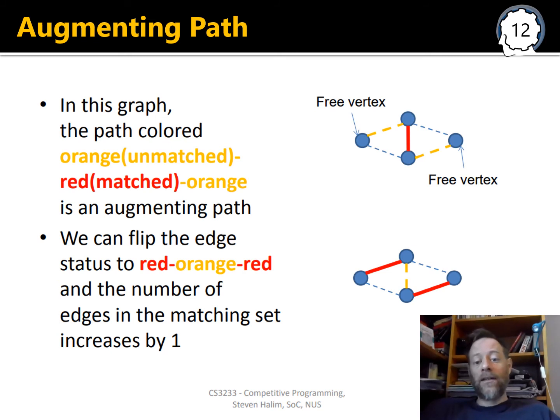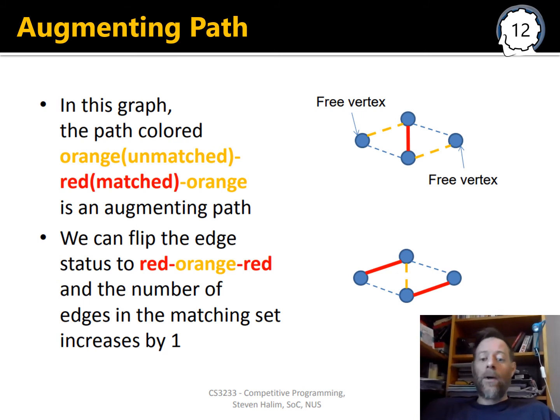Now we can start in the leftmost vertex because that's unmatched. We can go to a matched node, which is then the top one, and then we go to the low one, and then we go to the next, so we're alternating here. So we visit all the 4 vertices, and now since we have found one of these augmenting paths, we see that every second edge is unmatched and every second edge is matched.